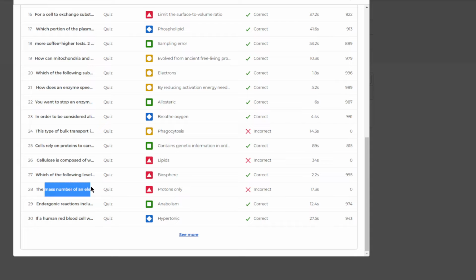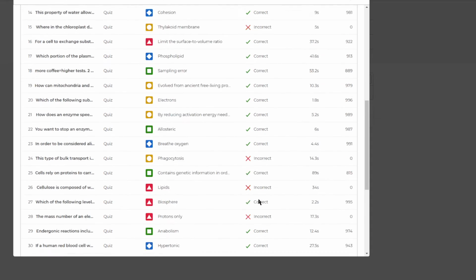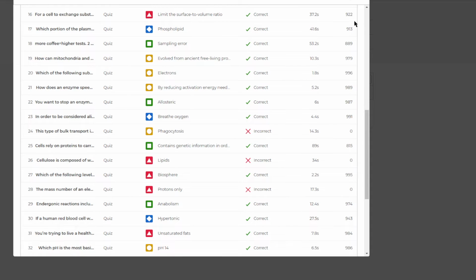Next one, the mass number of an electron. The mass number of an element is protons and neutrons. Mass number is the protons and neutrons because those are the ones making up mass.